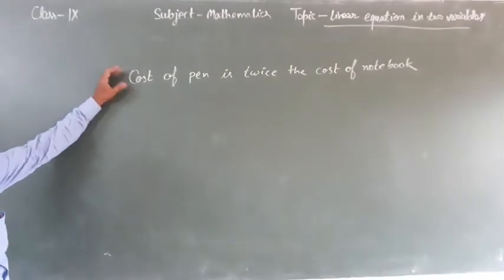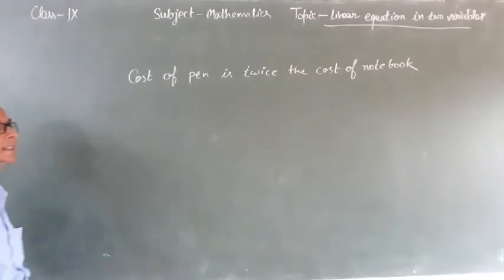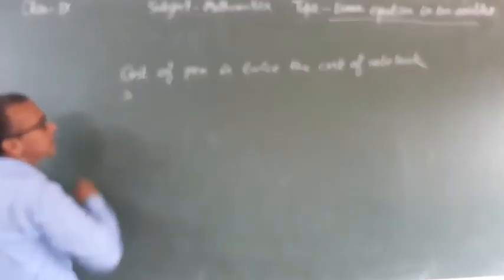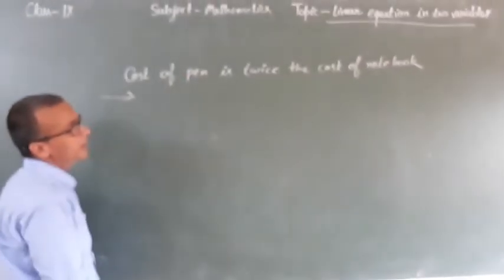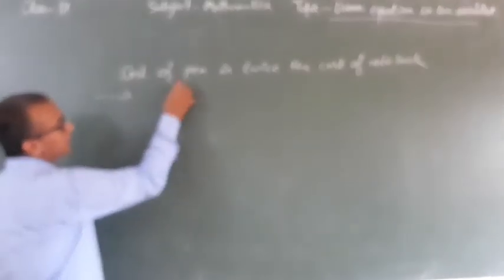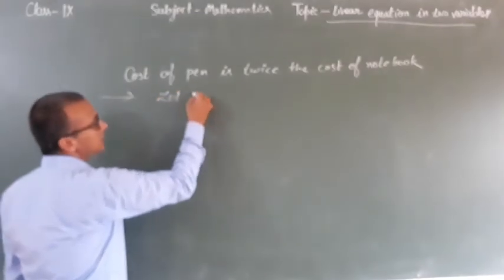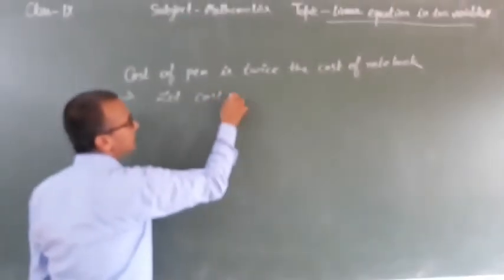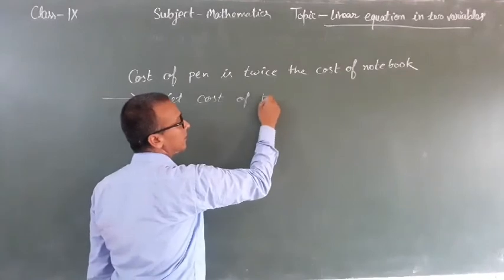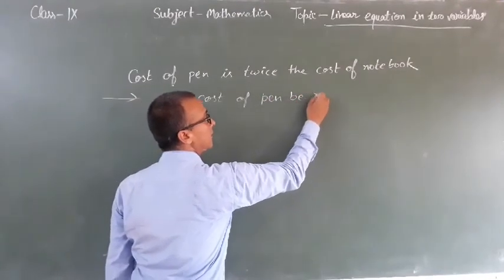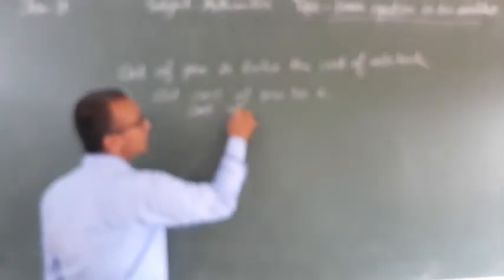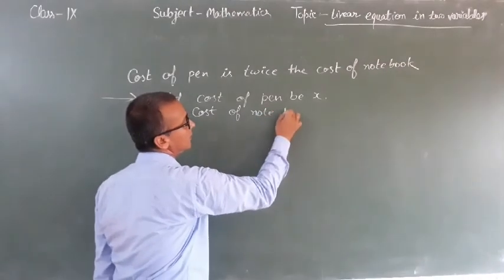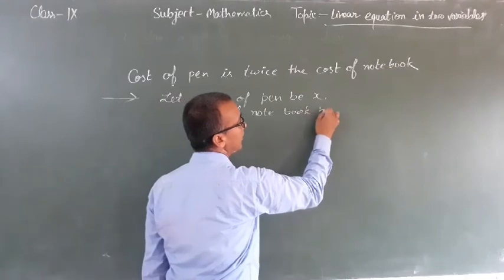The statement is: the cost of a pen is twice the cost of a notebook. We have to express it as a mathematical statement, which is a linear equation in two variables. Suppose the cost of the pen be x and the cost of the notebook be y.